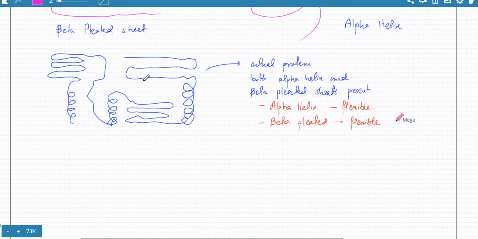So if you're talking about, let's say, spider silk, it is very stretchy. That probably indicates there are a lot of alpha helixes in the protein structure. The human ear is not stretchable, so that means there are more beta pleated sheets in the structure. So both of them give the property. Human skin is very stretchable, so that means probably more alpha helixes. Your nails are very rigid, so that's more beta pleated sheets.